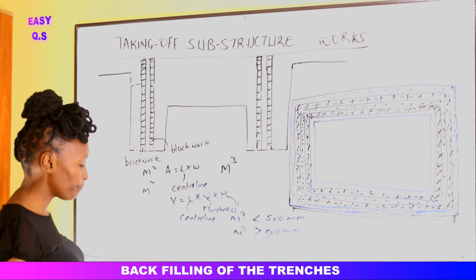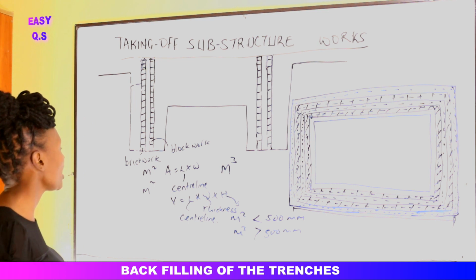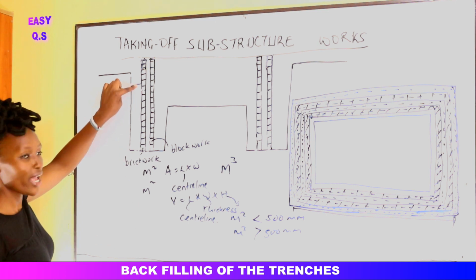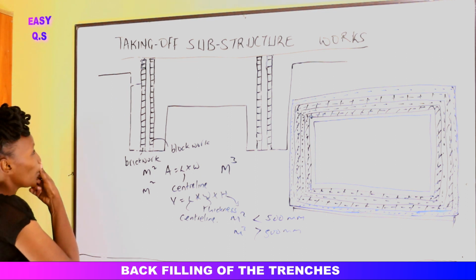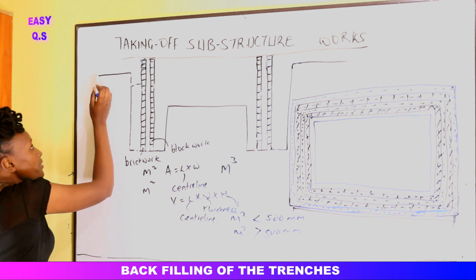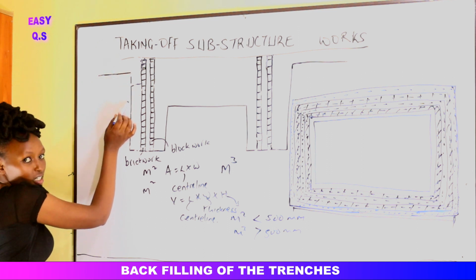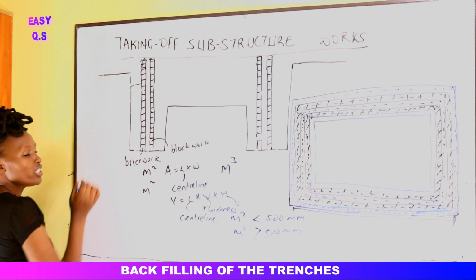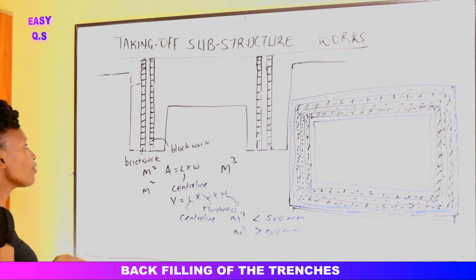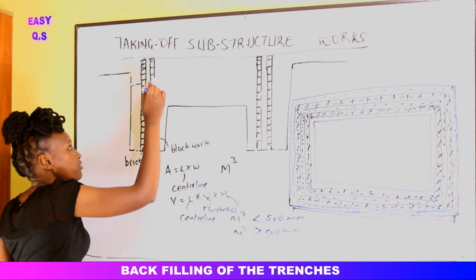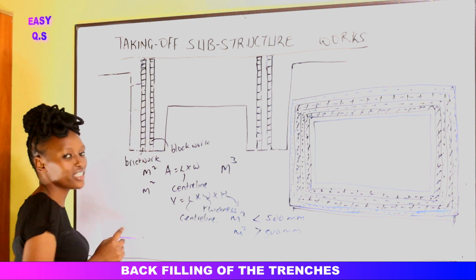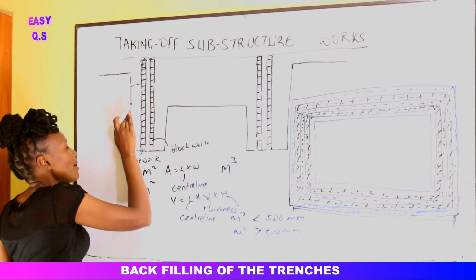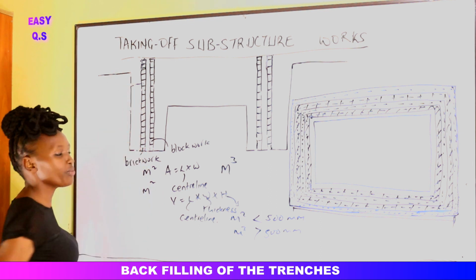Okay, so the next part, we have filled up to here. Why? It is because first of all, we started from the ground level here. We removed the vegetable soil, 150. Then from the vegetable soil removal, that's when we came to reduce the level up to this level. Alright? So we usually backfill up to the area where we remove the vegetable soil.